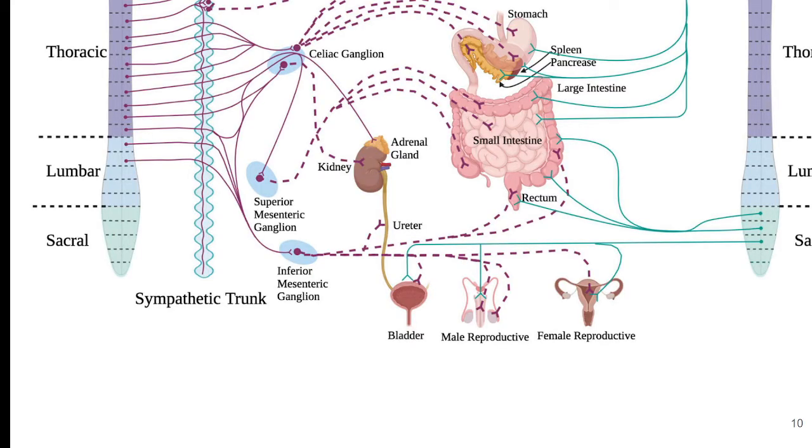Now, if you look at the pelvic nerve distribution, the lumbosacral outflow of the parasympathetic and sympathetic autonomic nervous system plus a part of the thoracic segment. This is exactly the same. You look at the picture, it's almost the same.